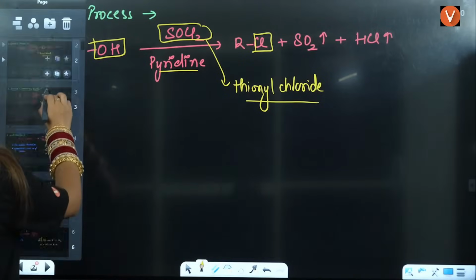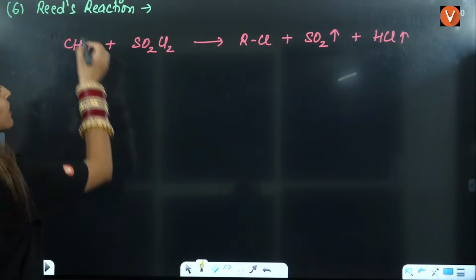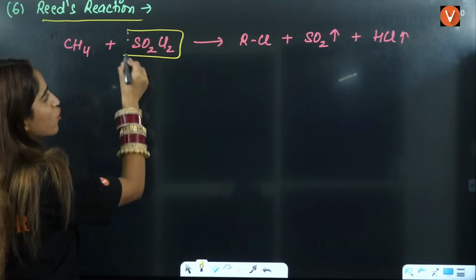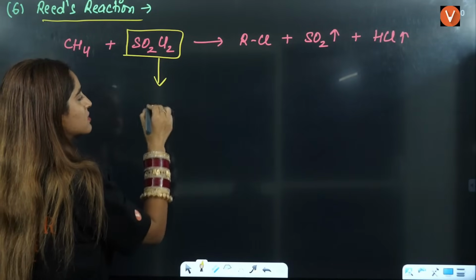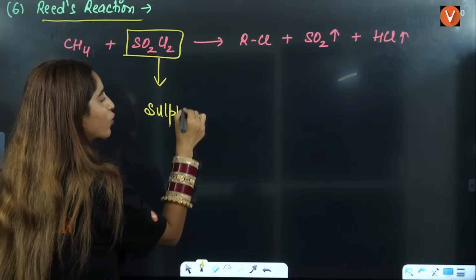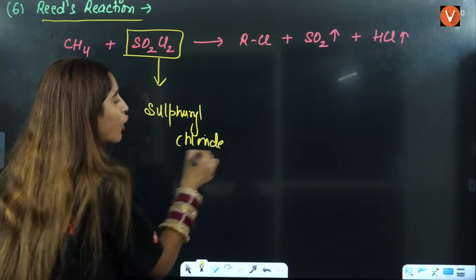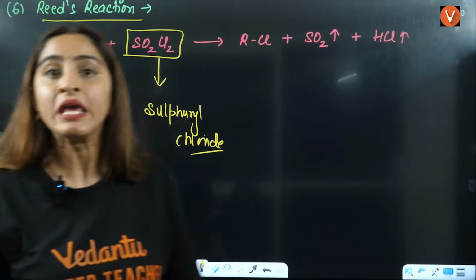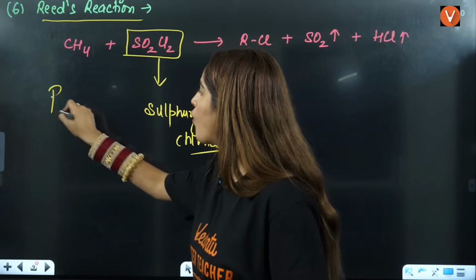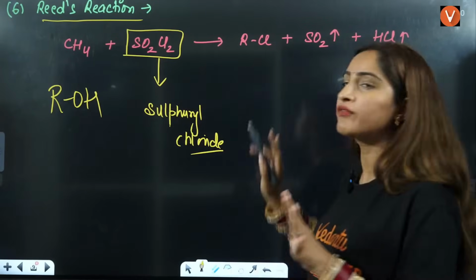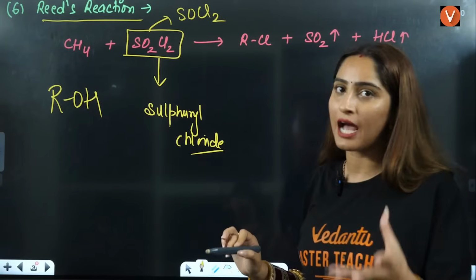Same kind of reaction we have is Reed's reaction. In Reed's reaction we use SO2Cl2, which is not thionyl, this is sulfuryl chloride. In Darzens reaction you had ROH and SOCl2, that is thionyl chloride.